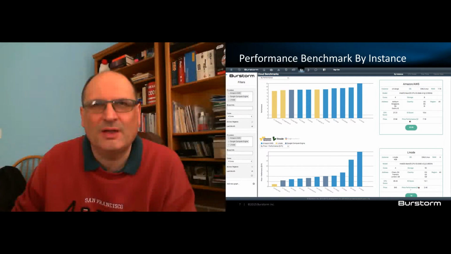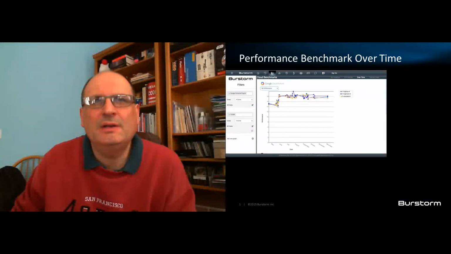And if you look carefully, the Linode instance actually is the most cost effective. So this means if I could spread my performance requirements, my workload, over multiple systems, then Linode is actually more cost effective to run the same load over multiple systems as opposed to trying to run it all in one system out there. So quite interesting to see what happens when you combine performance with economic impact.